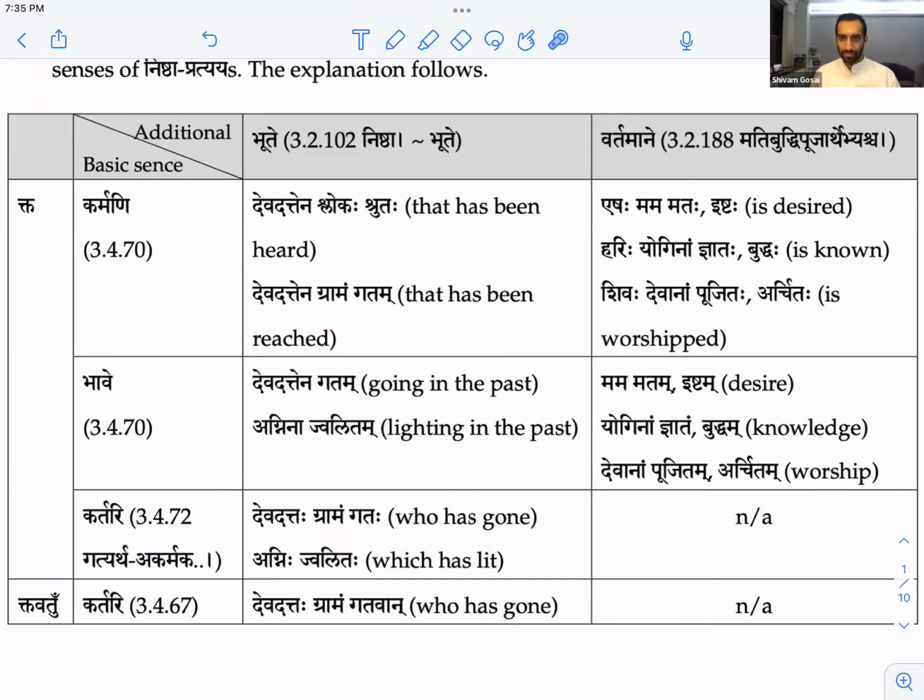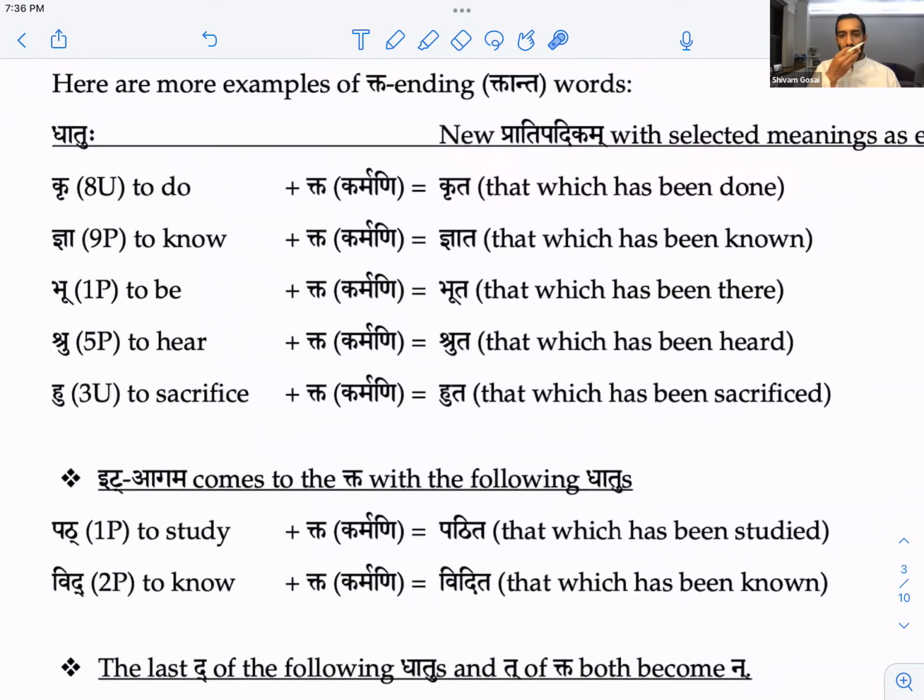So here are some examples of kta ending words. So kta, when I get rid of the it letters, all you're left with is ta, right?